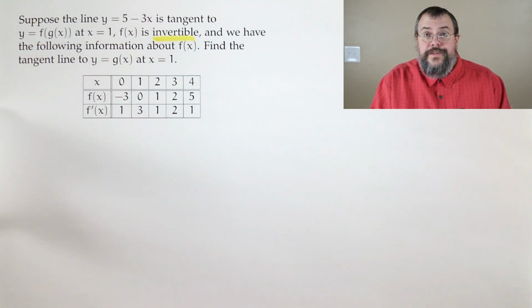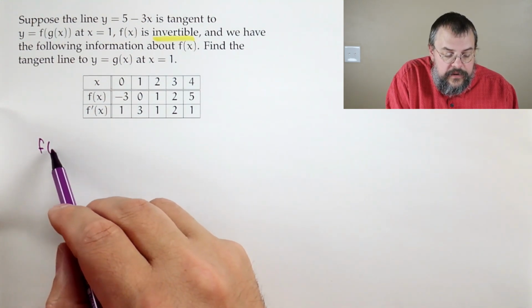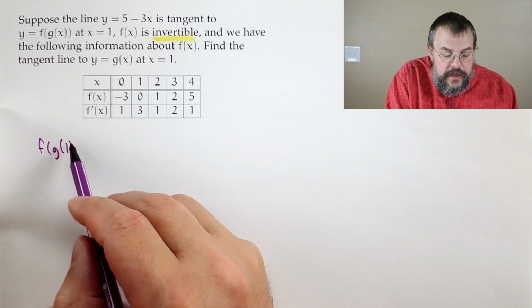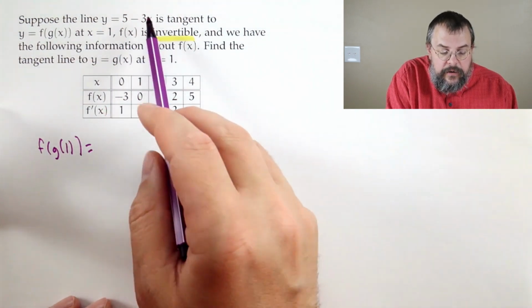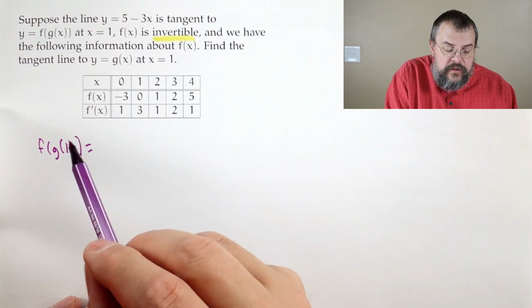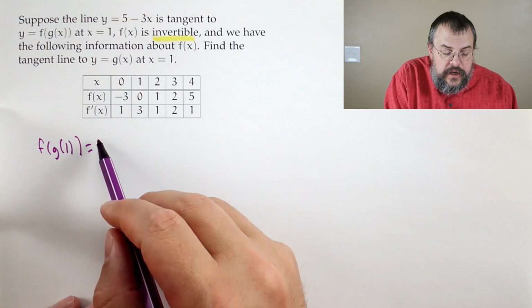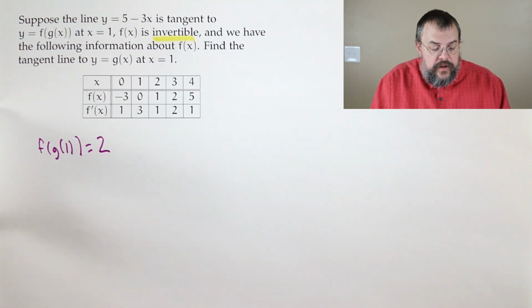And therefore, since we have our tangent line at 1, we can say that f of g of 1 is equal to whatever this line does at 1. So if we plug in 1, we get 5 minus 3. So f of g of 1 is 2. All right, that's good to know.